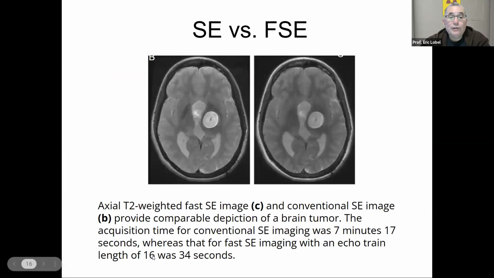You have to imagine if it was an ETL of half that, like 8, or even less, like 4, then you wouldn't save as much time, but the image would be a little bit better, right? So it doesn't have to be this bad. Actually, I don't think it's that bad.